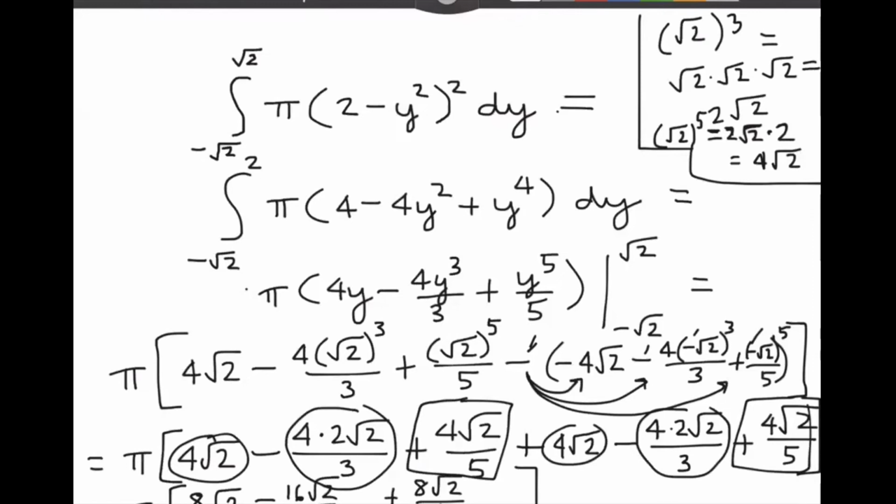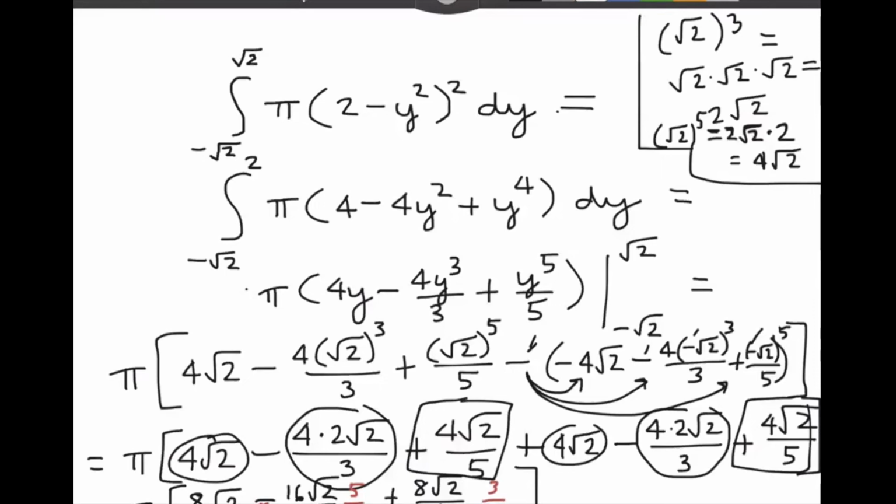So the common denominator will be 15. I'll multiply this by 5 over 5, this by 3 over 3, and this by 15 over 15.